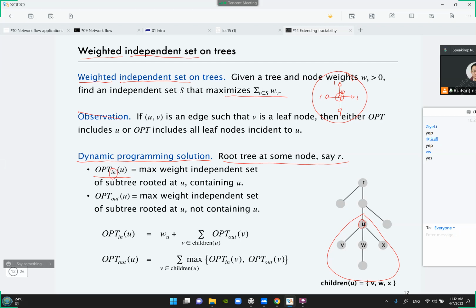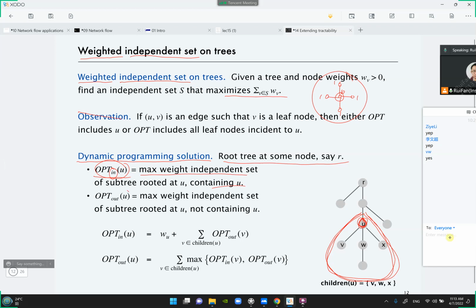Now, if you choose to include u, what is the maximum weight independent set in this subtree? That's what opt-in of u means. We're going to look at the subtree rooted at u, include u, and then look at what is the maximum weight independent set given that we have u.